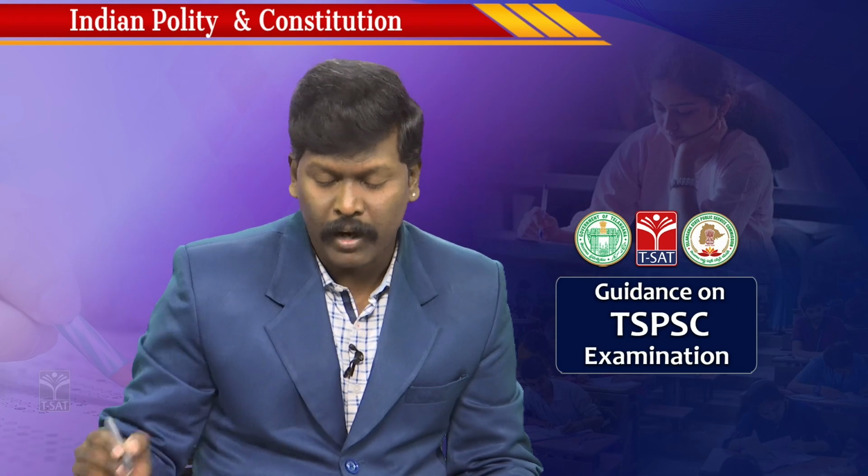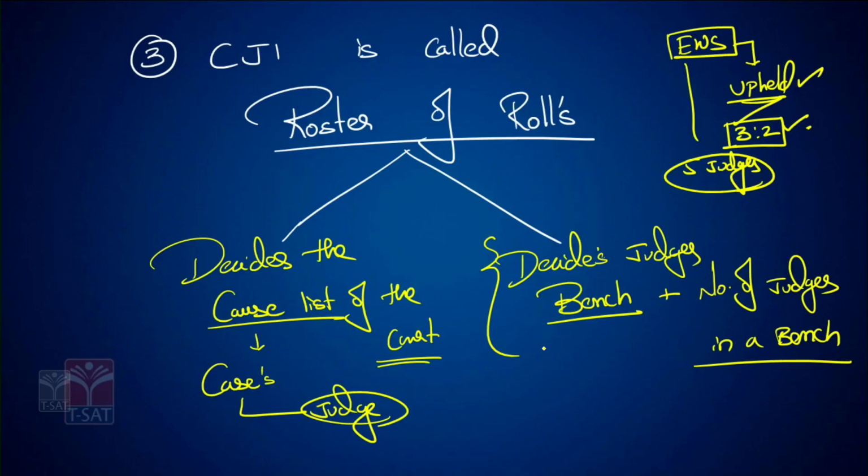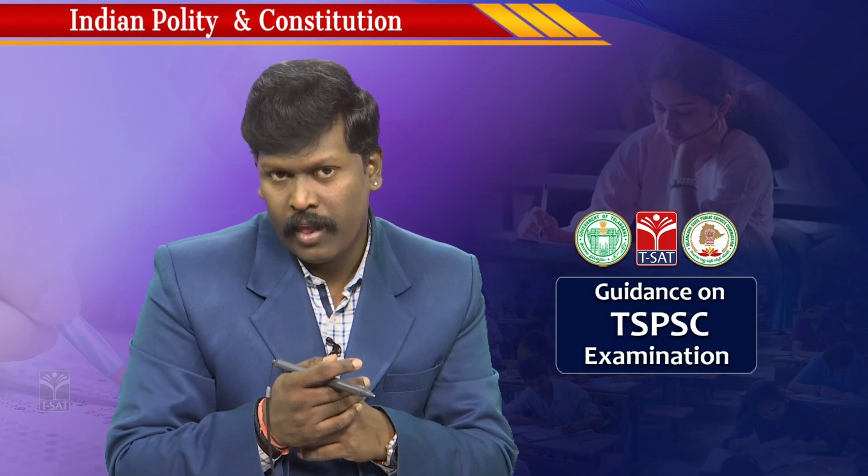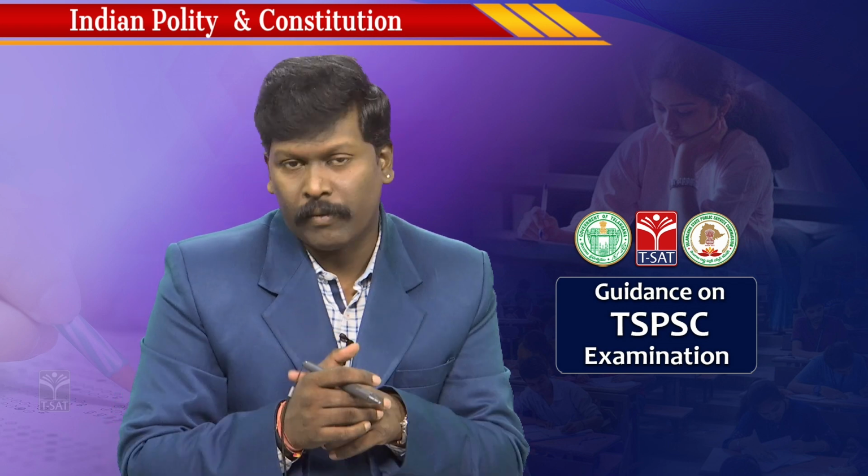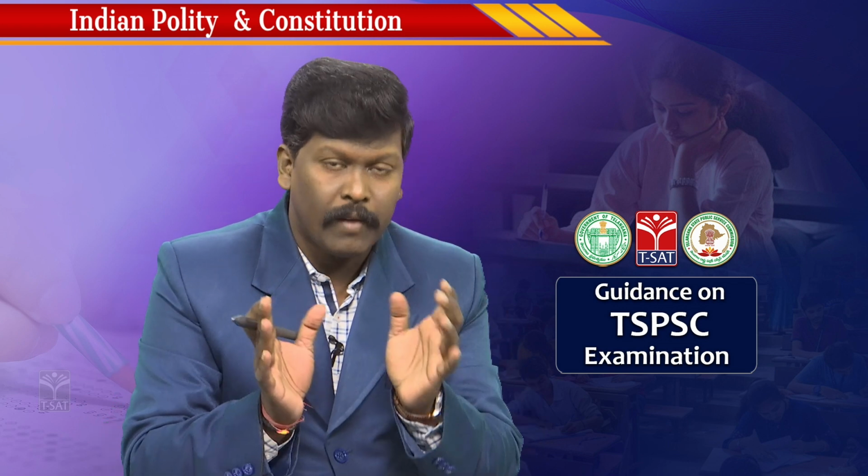A judges bench is nothing but, if there is any important matter concerned to a case, because it is a matter of the future and a matter of the Constitution, the CJI does not allocate this type of case to one particular judge. Instead, he will come up with a number of judges in a bench.